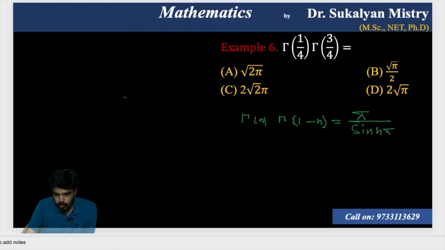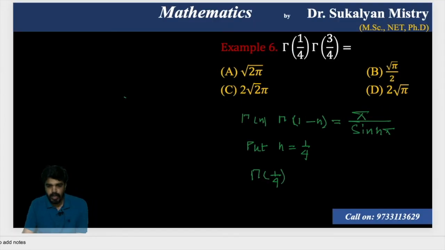So put n equal to 1 by 4. Okay, so that is gamma 1 by 4 into gamma 1 minus 1 by 4, that is gamma 3 by 4.